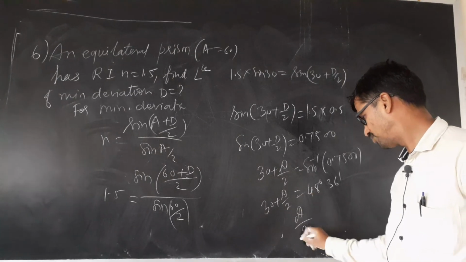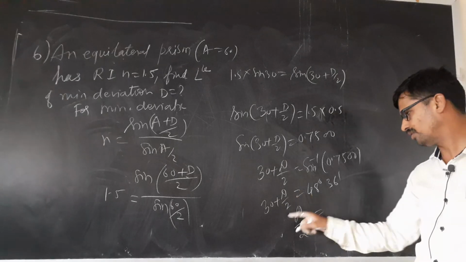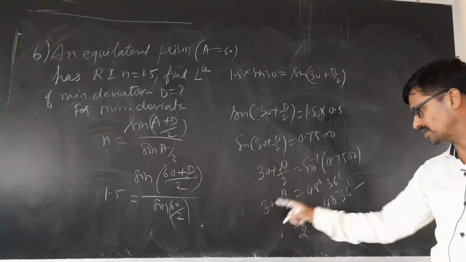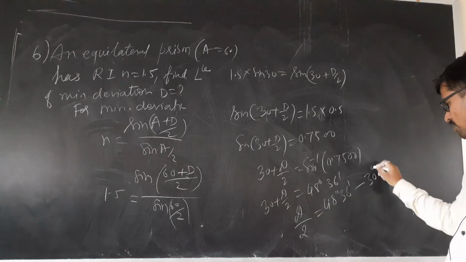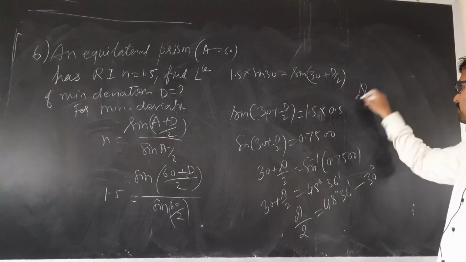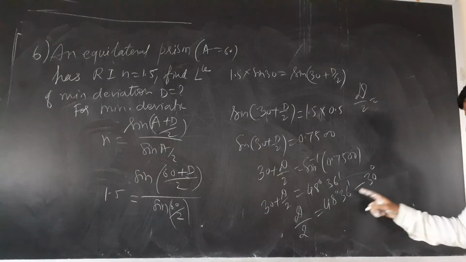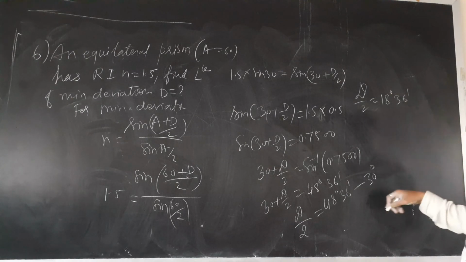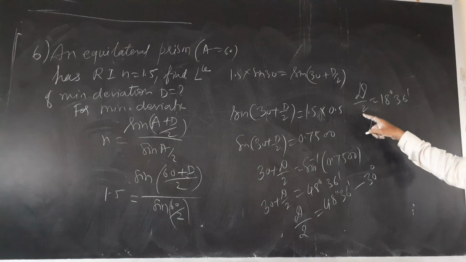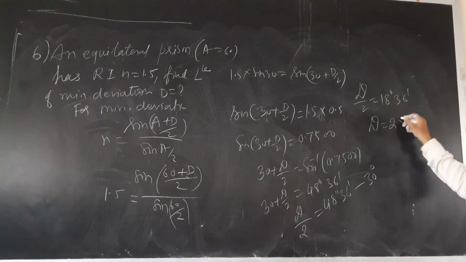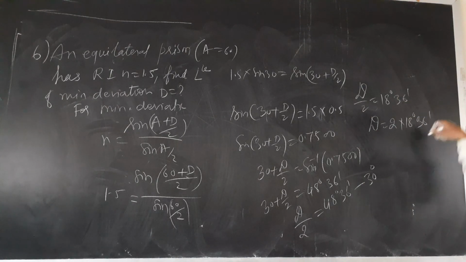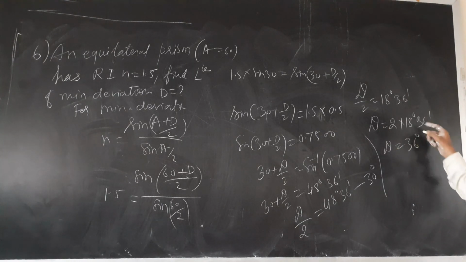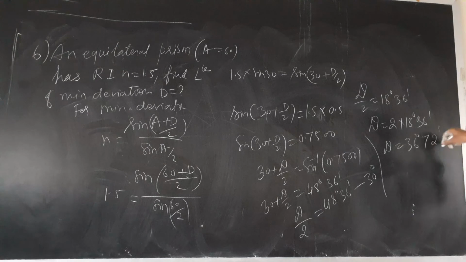What will D by 2 be equal to? 48 degrees 36 minutes minus this 30. Now D by 2 will be equal to 18 degrees 36 minutes. This implies D is equal to 2 into 18 degrees 36 minutes, so deviation will be 36 degrees 72 minutes.